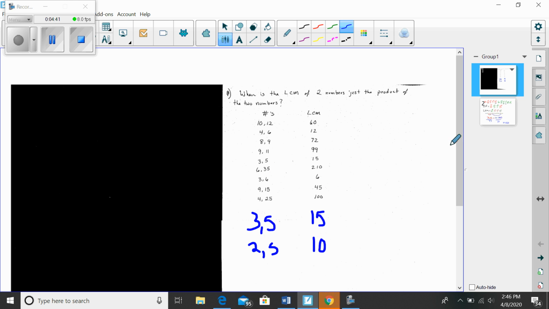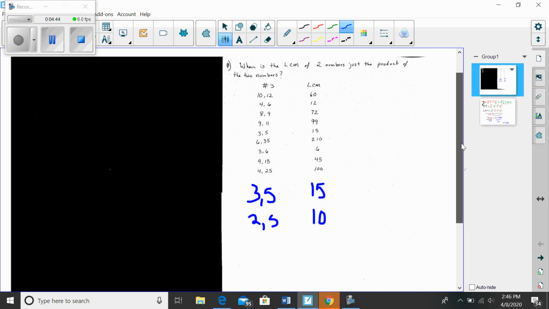Okay, sometimes students say things like, if the numbers are both prime, then the LCM is just the product. Okay, and that would be true, like 5 and 7, the LCM is 35, but sometimes the LCM is just the product when they're not both prime. Like look at 8 and 9.